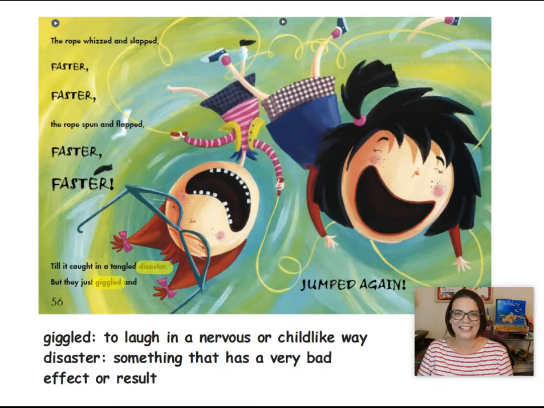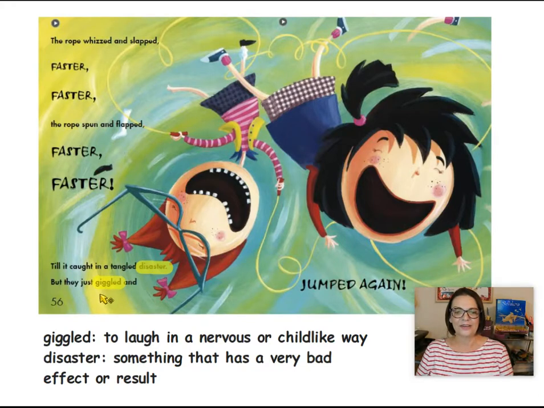Boys and girls, did you notice that we have 2 new vocabulary words highlighted in the text? I noticed the word disaster and the word giggled. The word disaster means something that has a very bad effect or result.